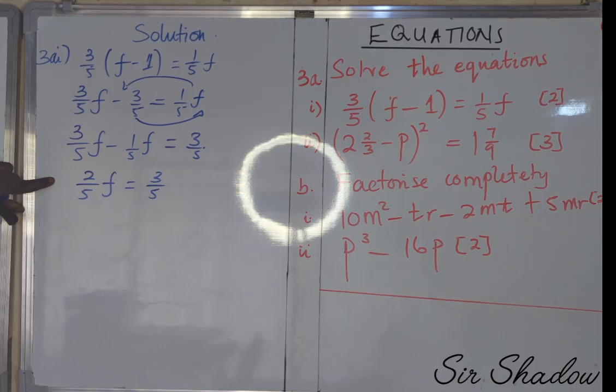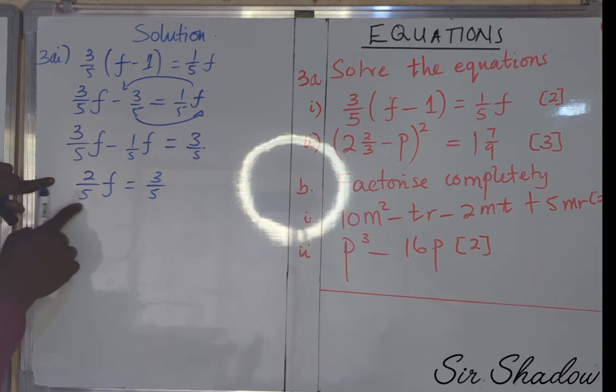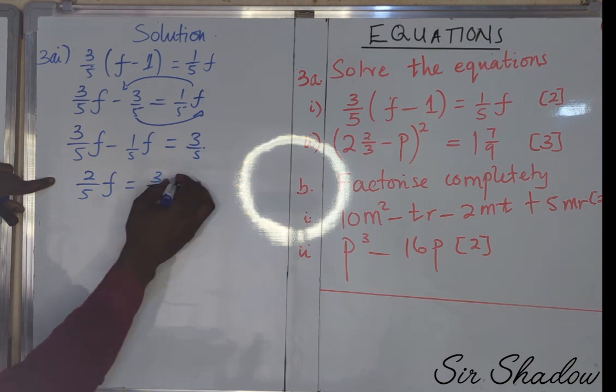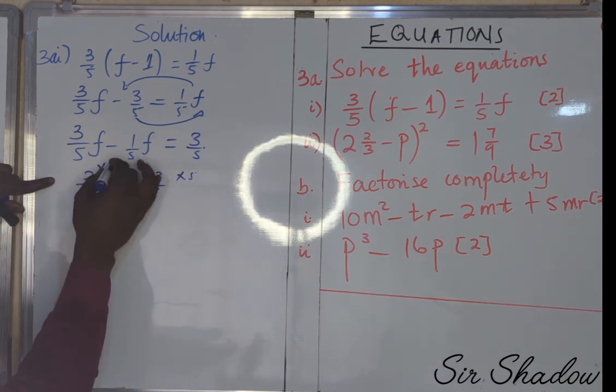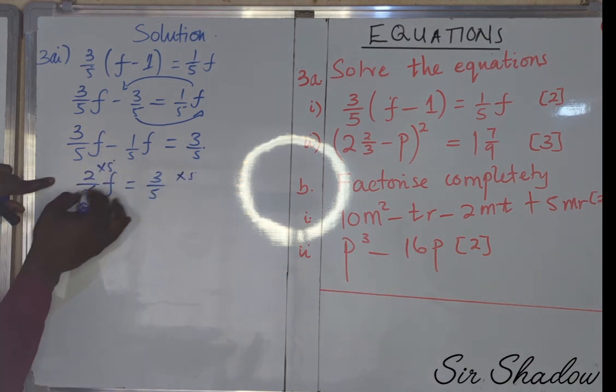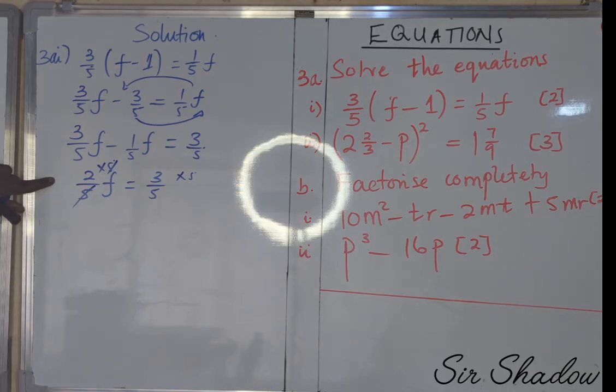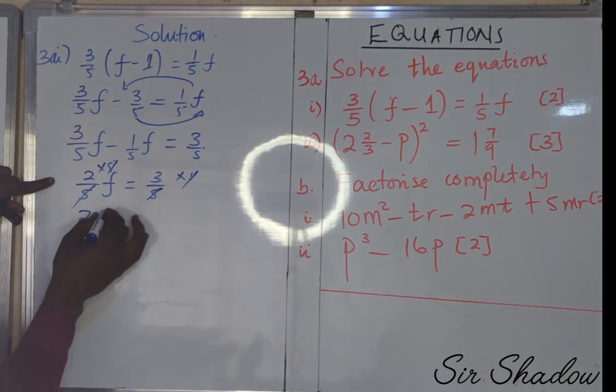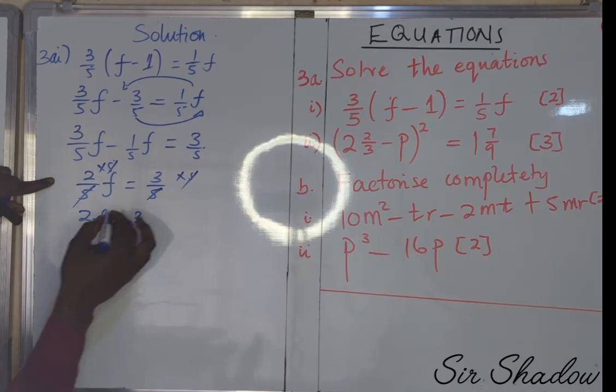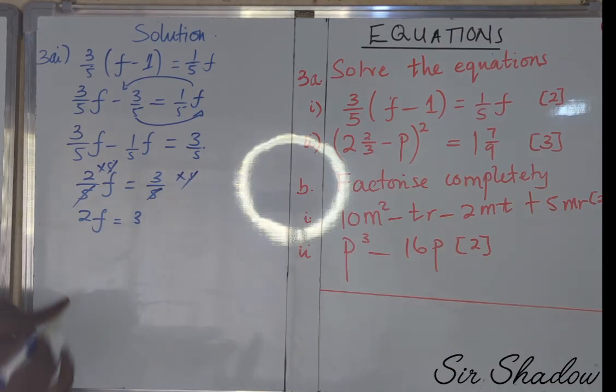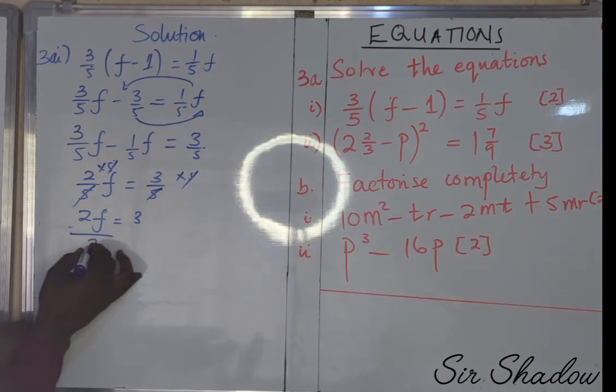But remember, we can multiply by the LCM, which is 5. So we multiply here by 5 to clear the fractions. This cancels this, and this cancels this. We are now left with 2f equals 3. Since we want to find the value of f here, you simply divide everything by 2.